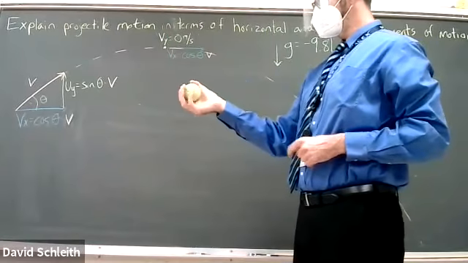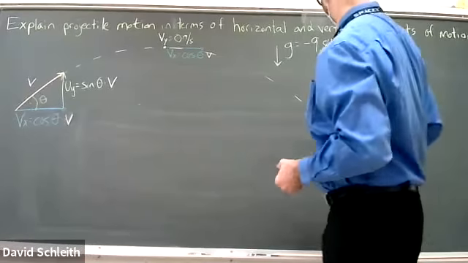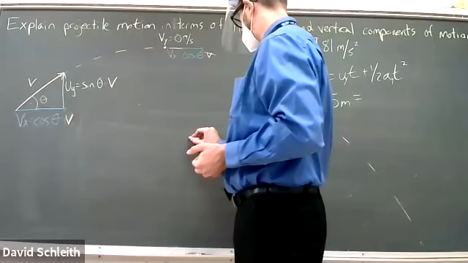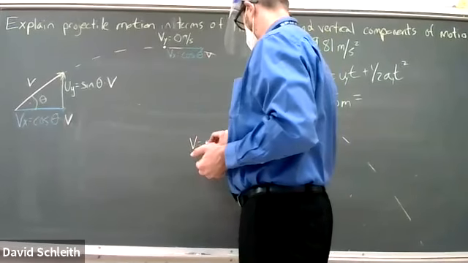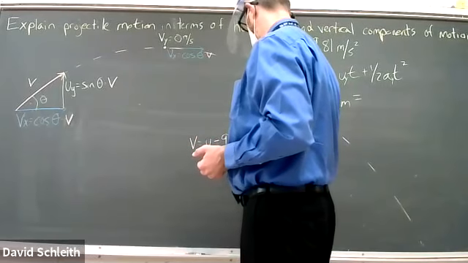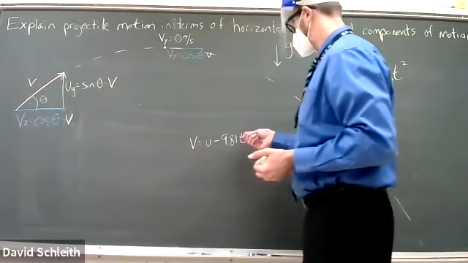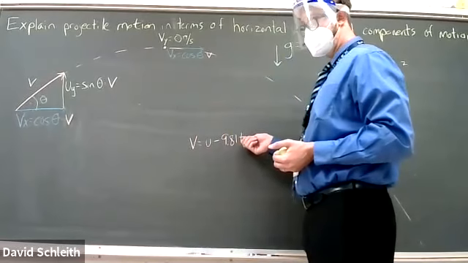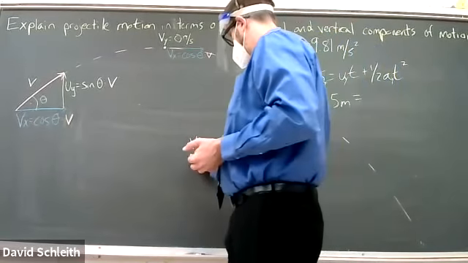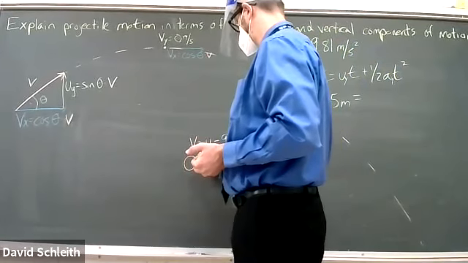Half of that time will be the time we need for v equals u minus 9.81 t. So half of the time measured will go here. We know that it will reach a speed of 0.